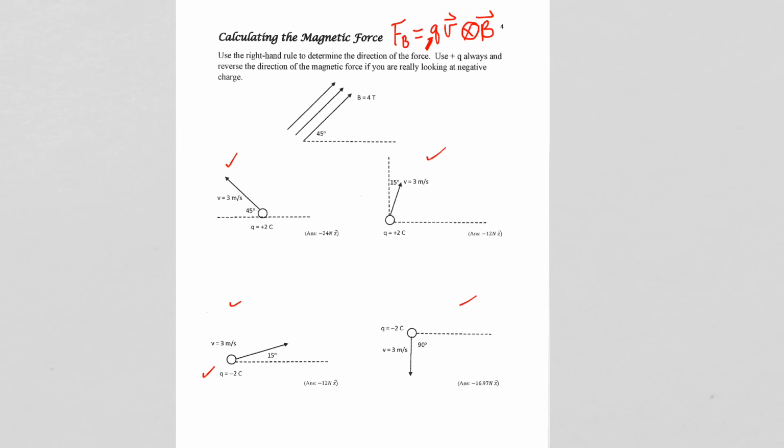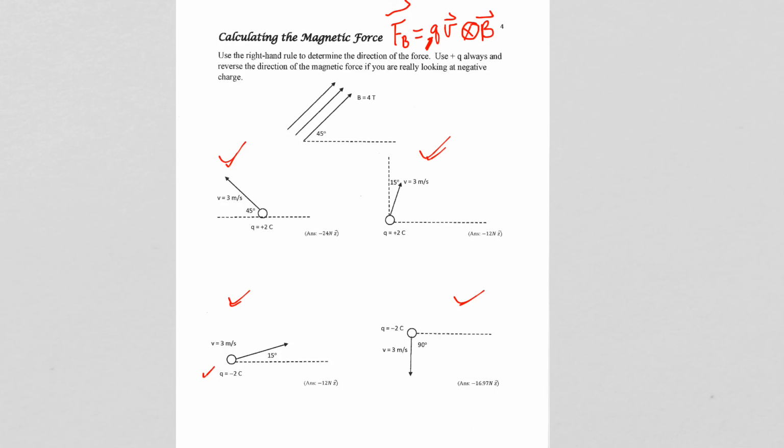So take a look at this, draw in the B vector with all of these V vectors from a common origin. You take QV cross B, where the angle will be between 0 and 180, and see if you can get the magnitude of the force and the direction with your right-hand rule and your thumb.